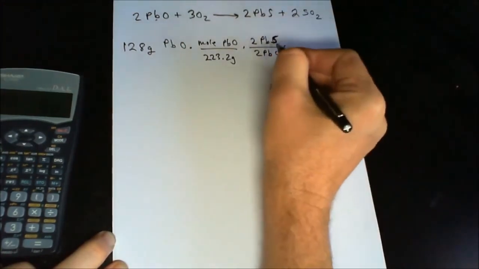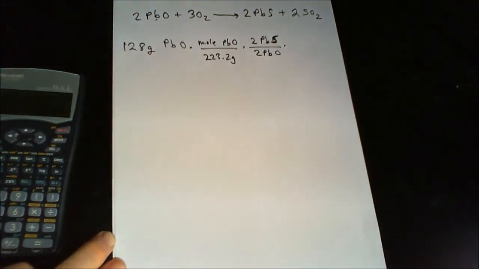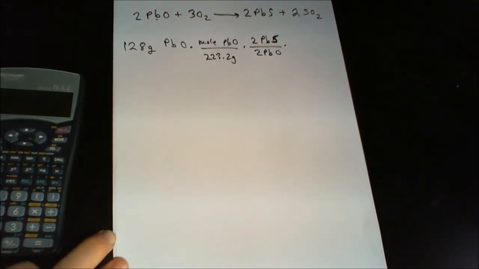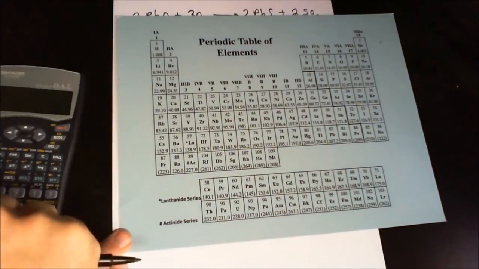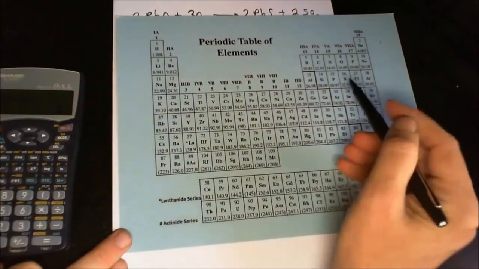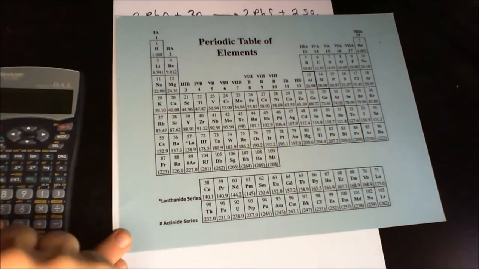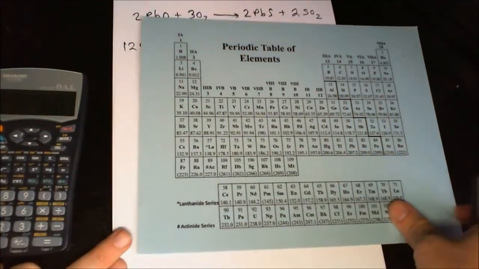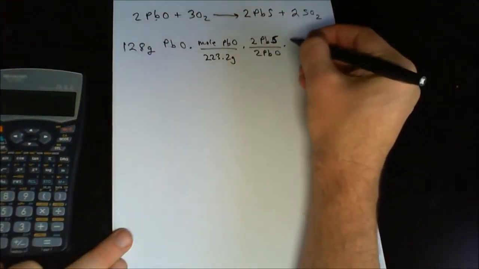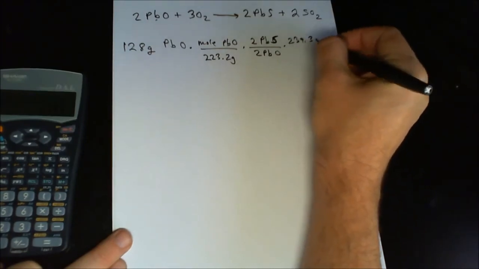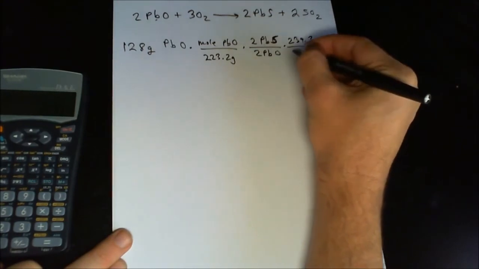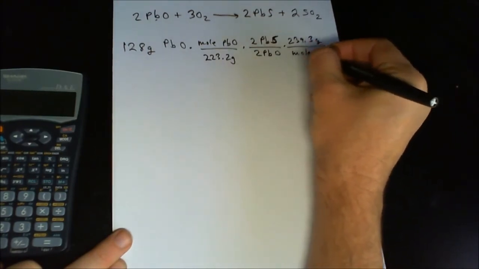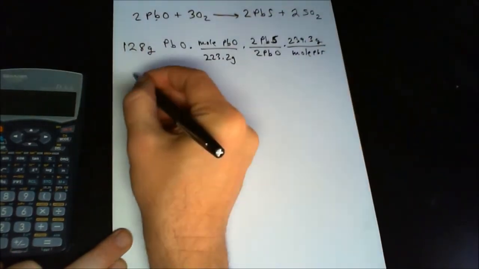And then finally we need to know the molecular weight for lead-2 sulfide, and it is 207.2 plus 32.1, and I get 239.3 grams lead sulfide for every mole lead sulfide.